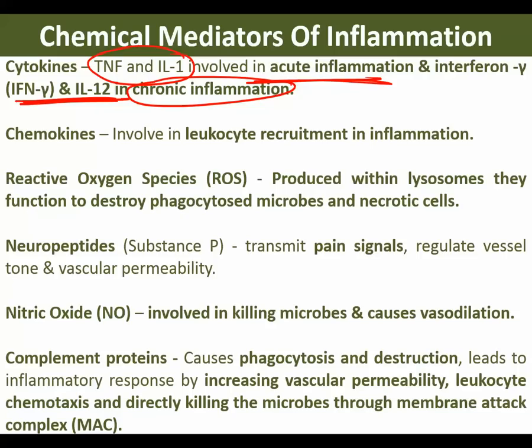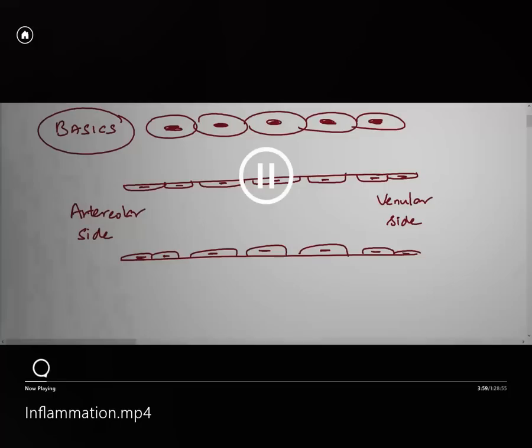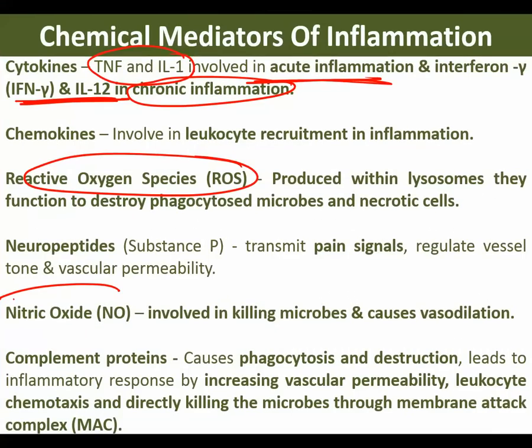Another group of chemical mediators are reactive oxygen species and nitric oxide. These two directly kill the microbes.